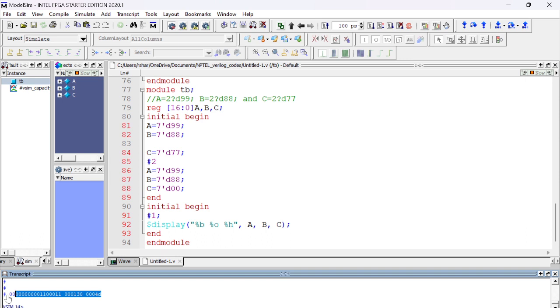So you can use $display to display any constant values or a message. But if you want to display whenever there is an execution, whenever there is a change, then use $monitor. Is your doubt clear? Yes, madam.